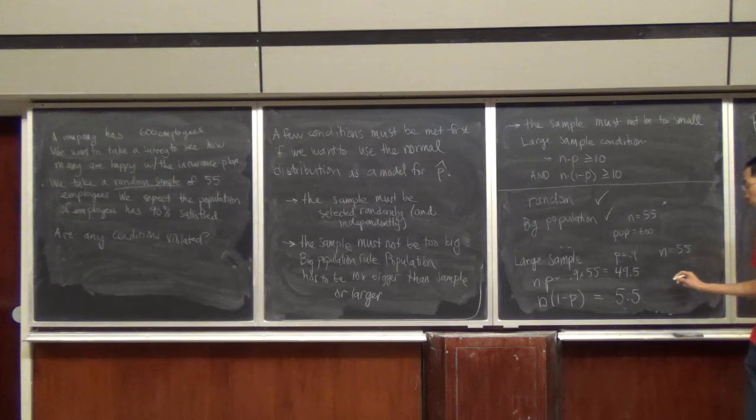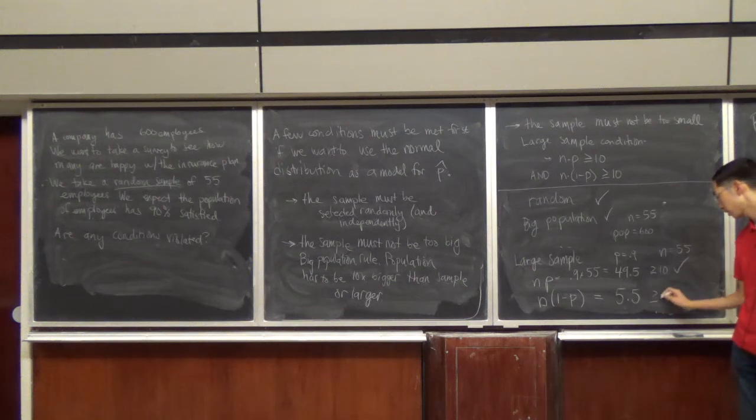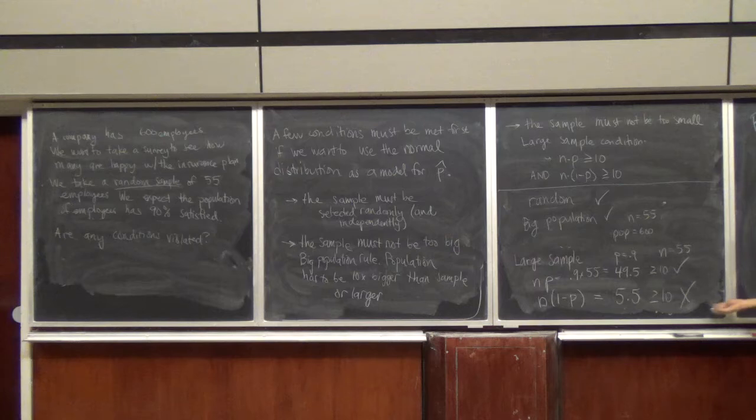Okay, 49.5 is bigger than 10, so that's good. But 5.5 is not bigger than 10, so that is no good. 5.5 is smaller than 10, so this fails. The large sample condition is not met.